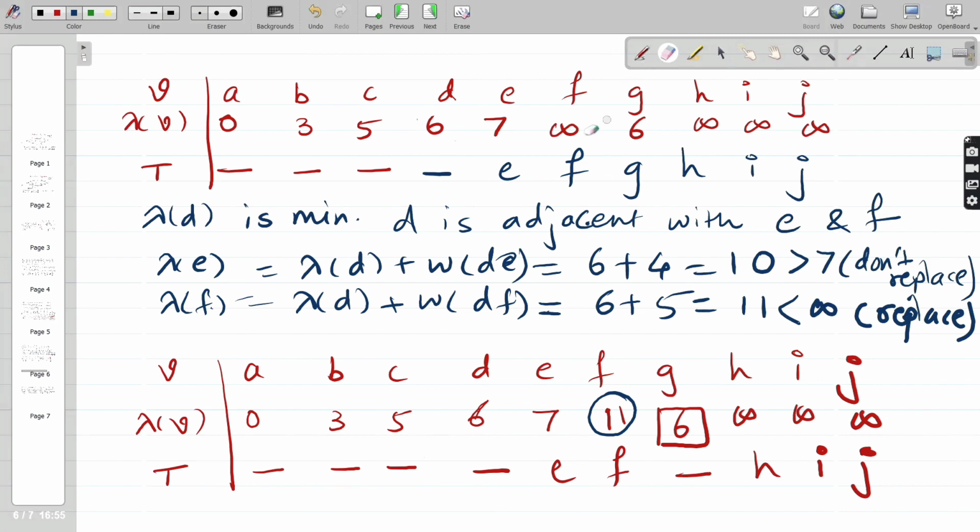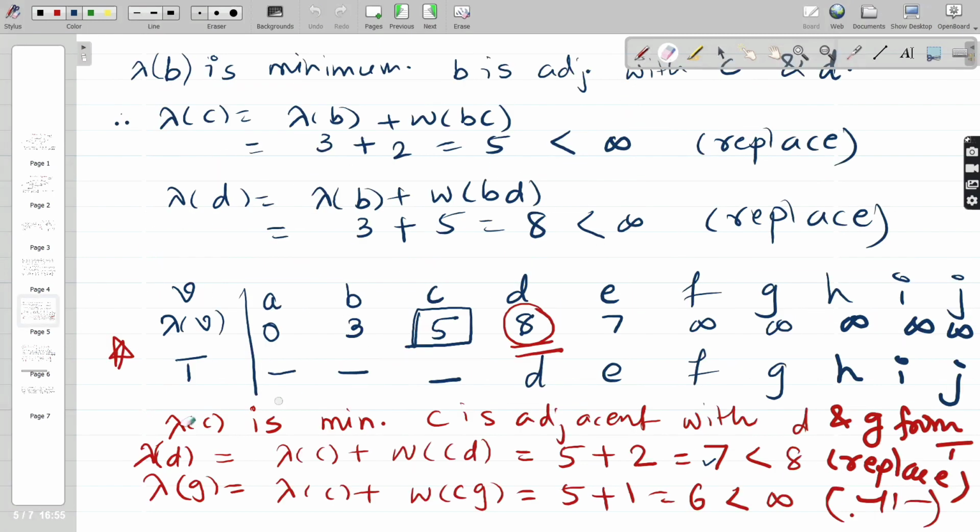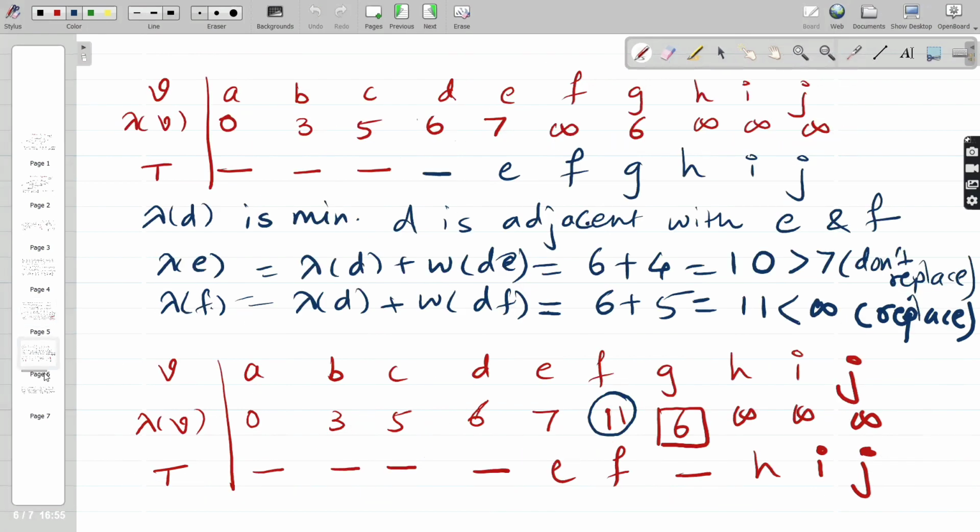Okay, so let us redo this part again. Until here it is correct. Lambda D is 7, which is less than 8. So we are replacing it. Lambda G also we will replace. Then we are here. So we need to replace this.